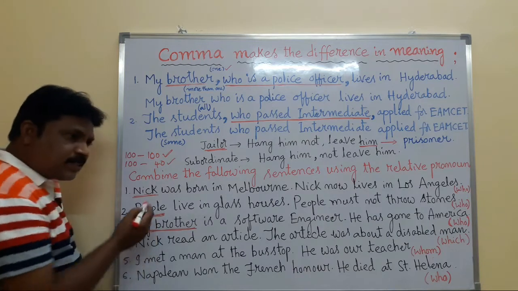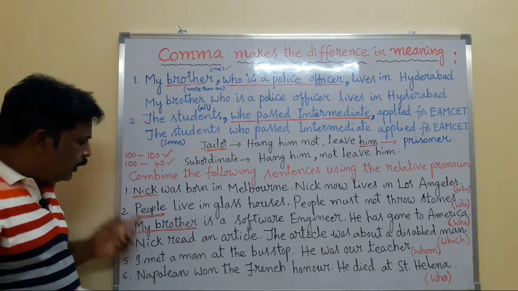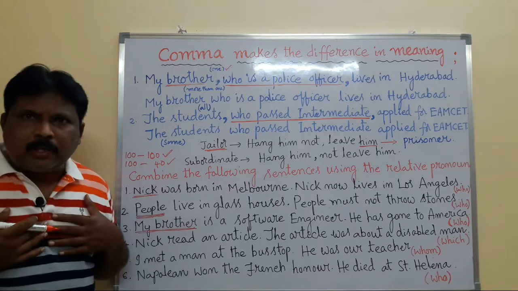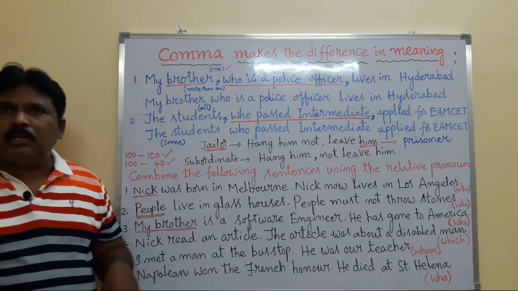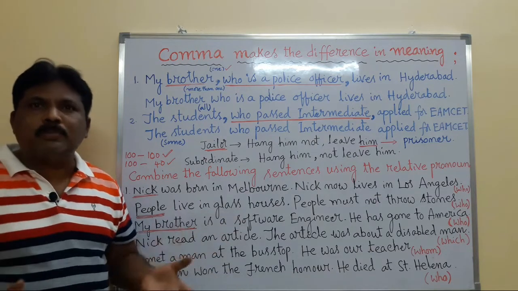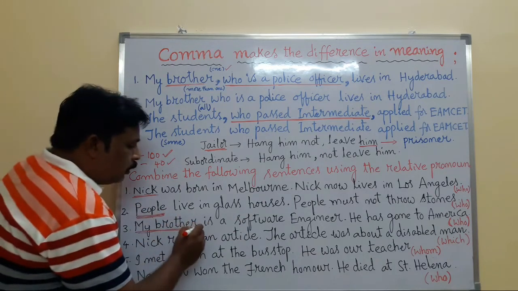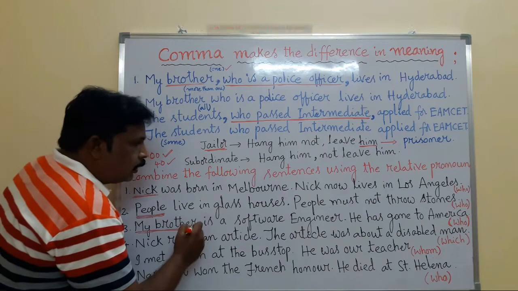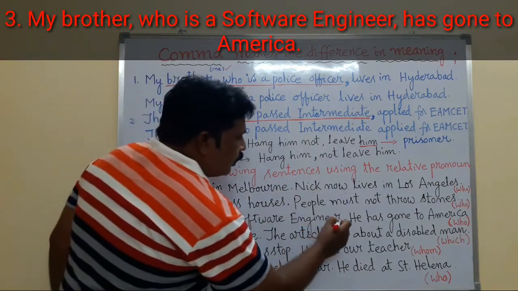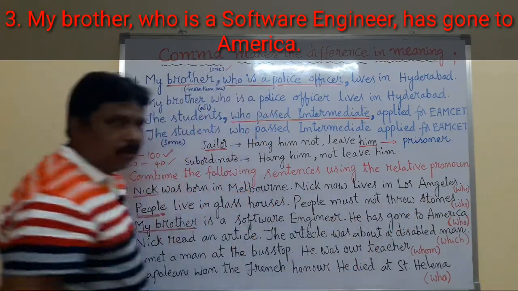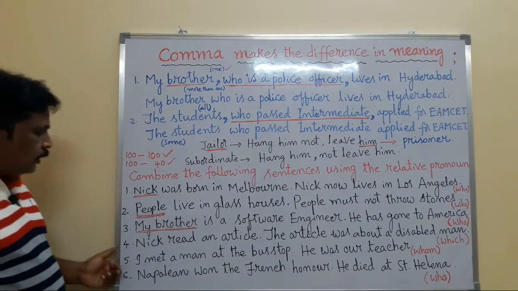Because it is a self-identified one, when I say my brother, I am the speaker, I am talking about my own brother. So there is clarity who that person is, my brother. So put commas. My brother, who is a software engineer, comma, has gone to America. That is the answer.